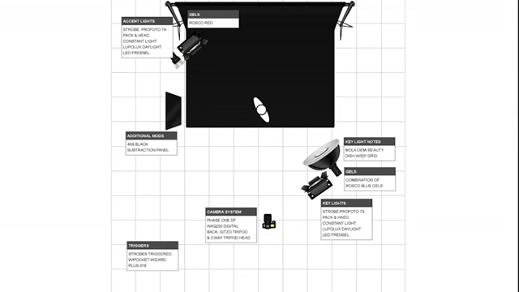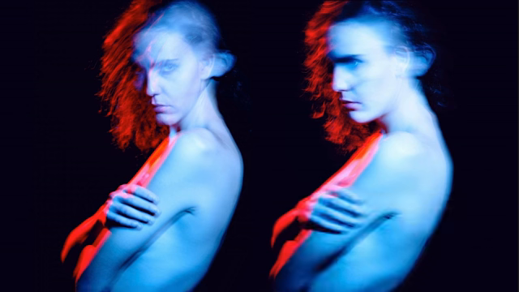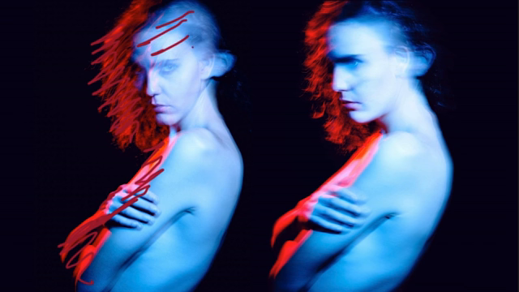We can take a look at these ones more again just to bring home that point. So again, let's bring up a new markup layer here. That's all our accent light, giving us that red all down here. Some of that is going to be contributed by the strobe and some by the constant light. And then same thing over here on our key, we've got all that cool blue light happening here.